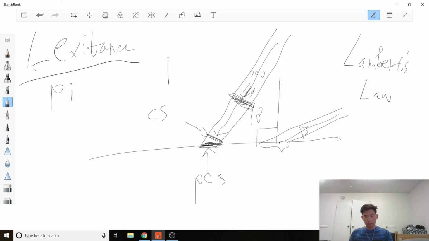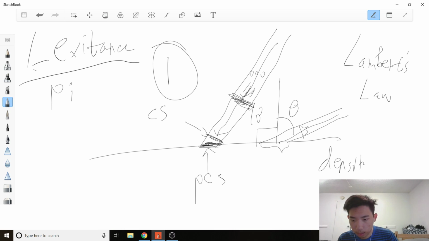And theta will be the angle that the incoming direction makes with the incidence line. So let's say it turned out the density is normalized to 1, or in this case, let's just call it density here. The projected density is density times cosine of theta, if you do the trigonometry.